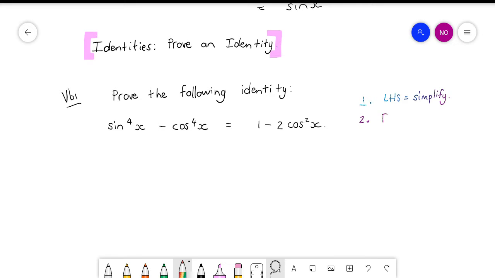Or you can go right-hand side and simplify. So you meddle around with 1 minus 2 cos squared x, mess around with it a bit, substitute some stuff, and see if you can get to sine to the power of 4x minus cos to the power of 4x. Or you can do a bit of both.